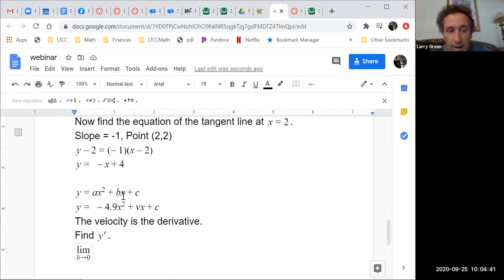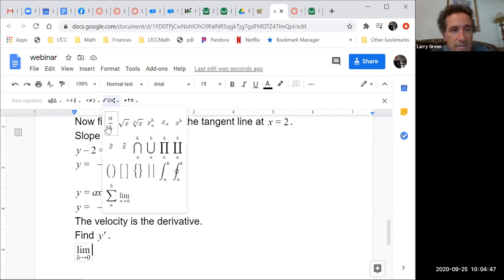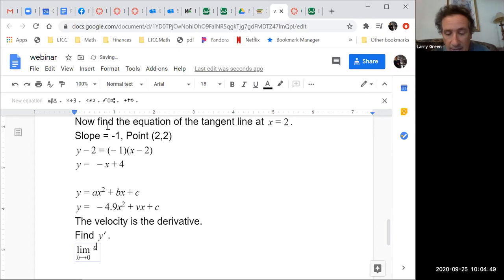To do that, all I have to do is go fraction, x plus h squared minus x squared, all over h, equals.